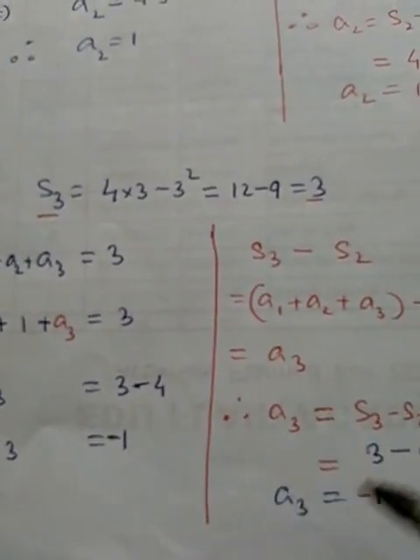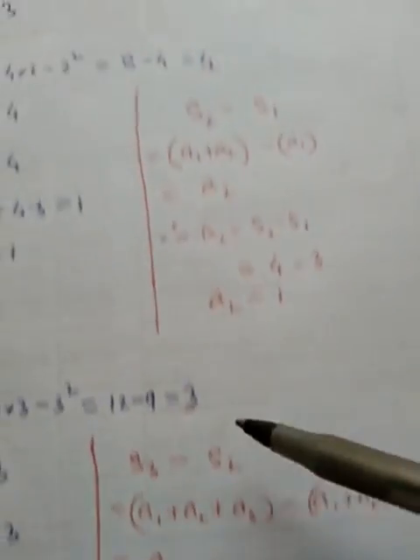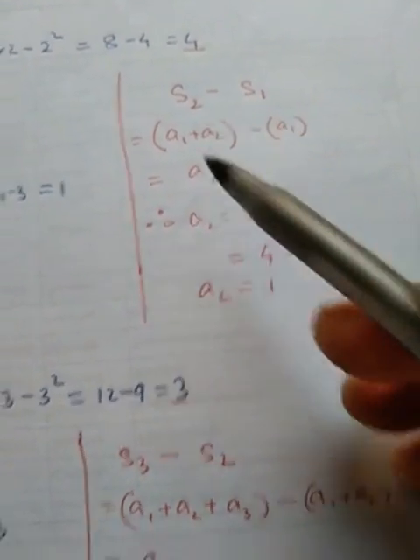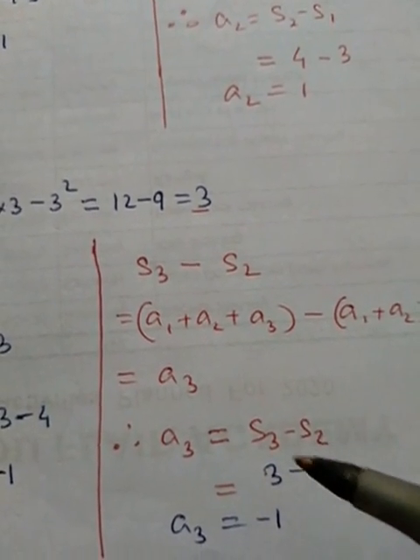The answer is the same however we find it. But if we compare these relations, we can come to one conclusion: A2 is S2 minus S1 and A3 is S3 minus S2.